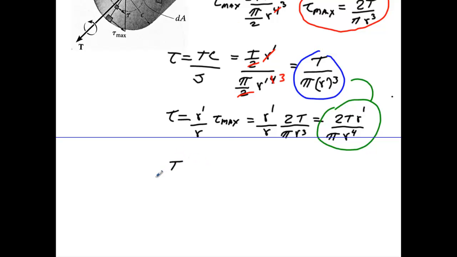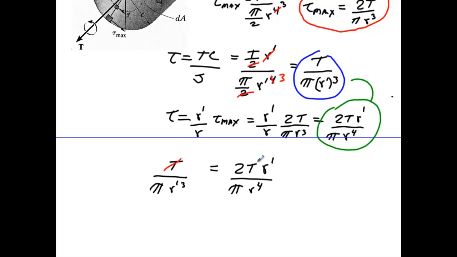So we take t over pi times r prime to the third power, set it equal to 2 times t times r prime over pi times r to the fourth. At this point, simplify what you can.